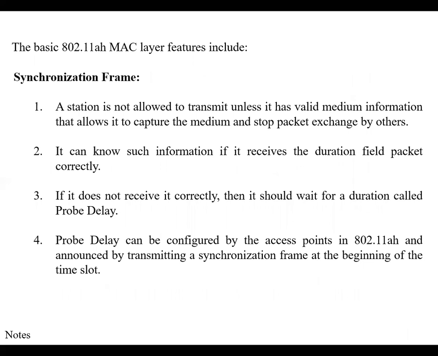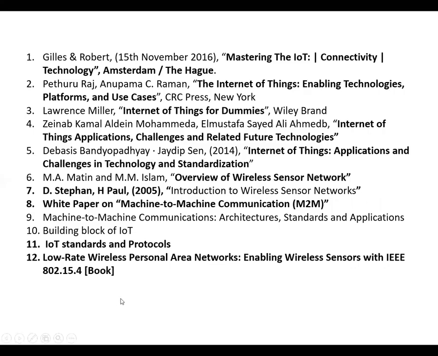It can know such information if it receives the duration field packet correctly. If it doesn't receive it correctly, then it should wait for a duration called probe delay. Probe delay can be configured by the access points in 802.11ah and announced by transmitting this synchronization frame at the beginning of the time slot.